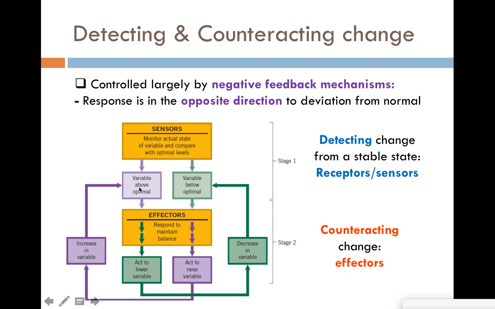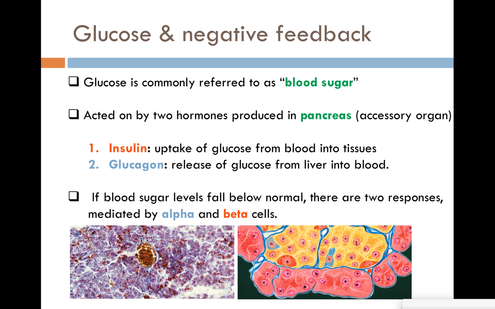If I've detected that my temperature is too high, my effector will respond to lower that temperature until it's perfect. But it's never perfect, so it's always working. Another really useful example, it comes up in exams all the time, is the regulation of blood glucose or blood sugar.